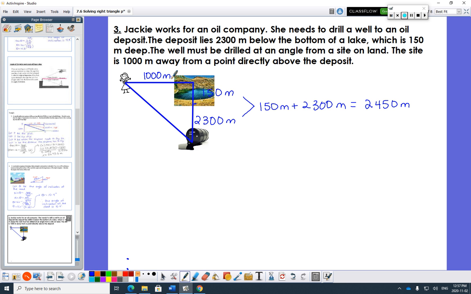And then, depending on what it's asking for, if it asked for the length from Jackie to the oil, then maybe you would want to label A, B, C, D. But we're just asked for the angle. Actually, it doesn't even have a question. But let's make a better question.